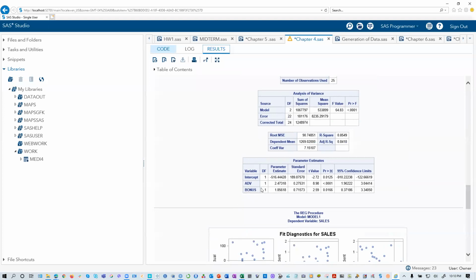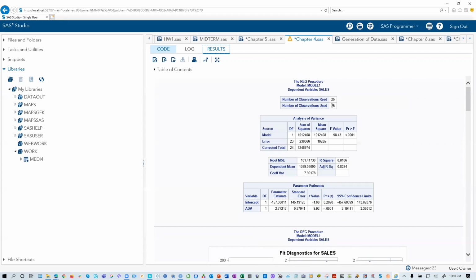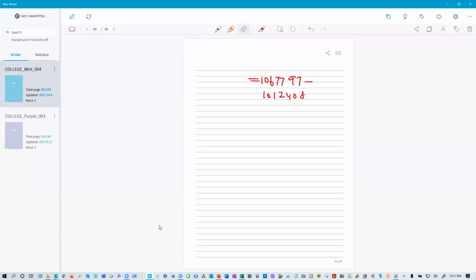The sum of squared regression when you have both advertising and bonus is 106 7797. I'm going to write it here: 106 7797, minus, you subtract, when you run the regression of sales versus advertising only, 101 2408.